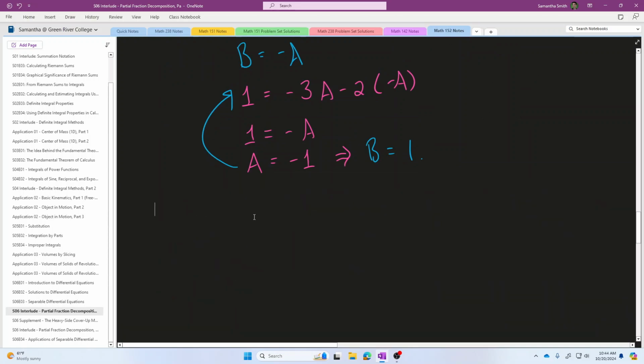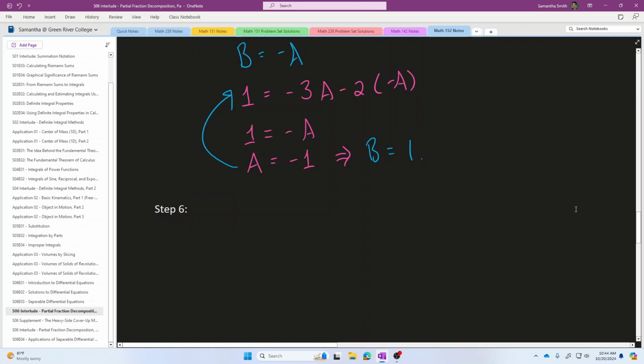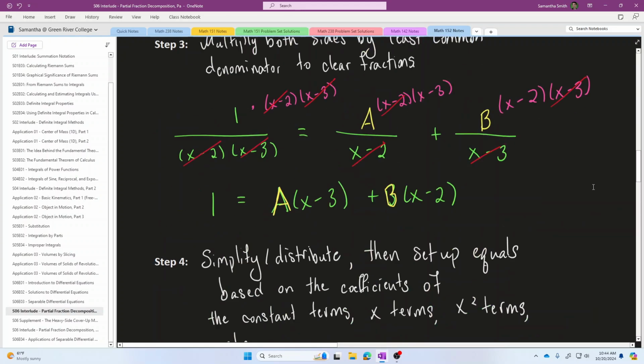Now that I have found the values of A and B, the final step of the decomposition is just to put back these values of A and B into the template that we established back here in step 2.